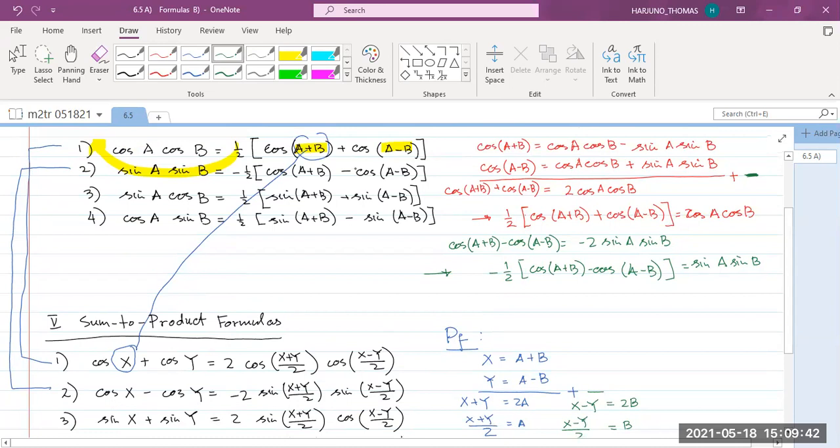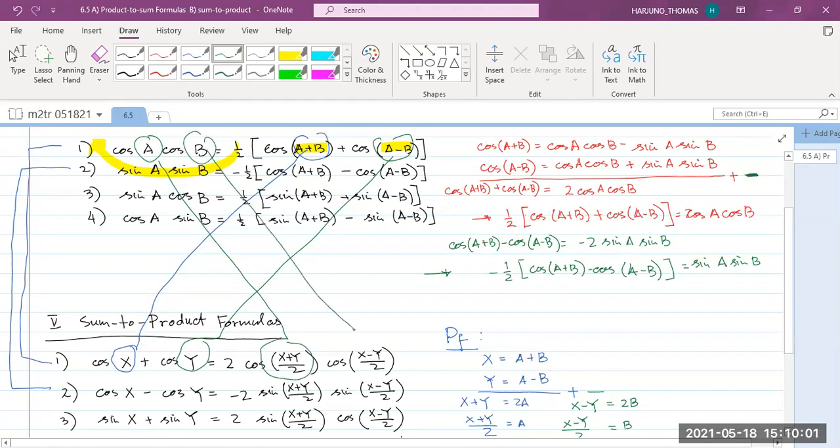So if I substitute a minus b becomes y, then a will be x plus y over 2, and b will be x minus y over 2.